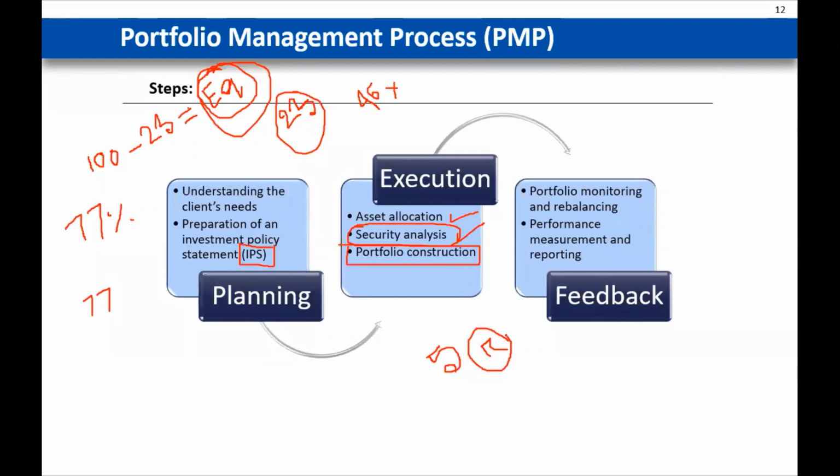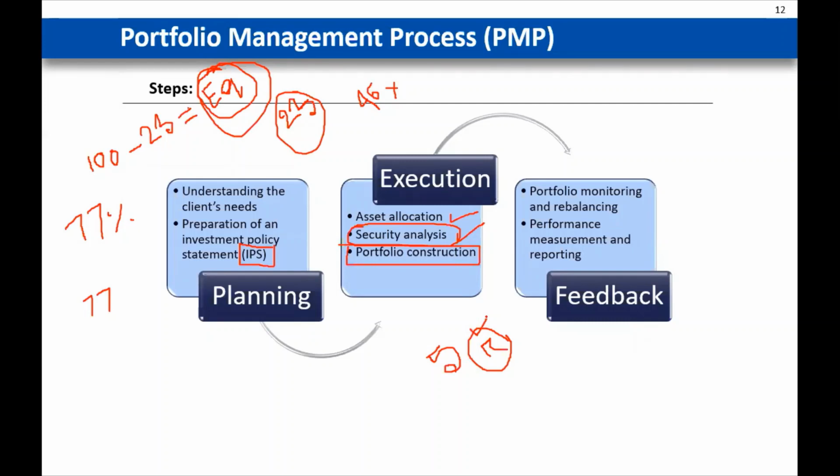Correlation. So based on that, you will construct the portfolio. If your objective as an investor is to minimize risk as much as possible, you will try to find those securities whose correlation is very low, close to zero, or negative. Is it true?